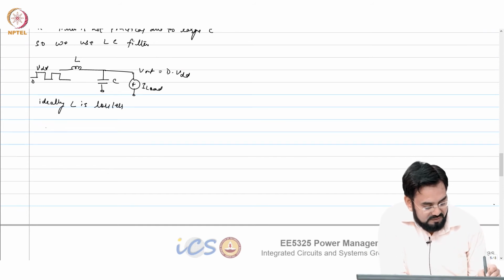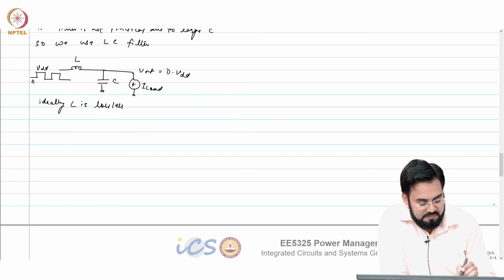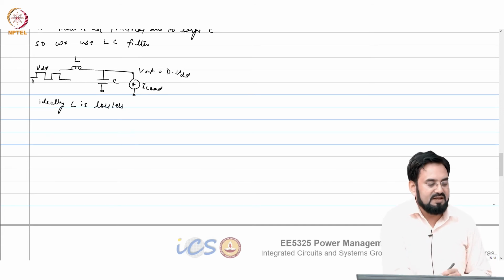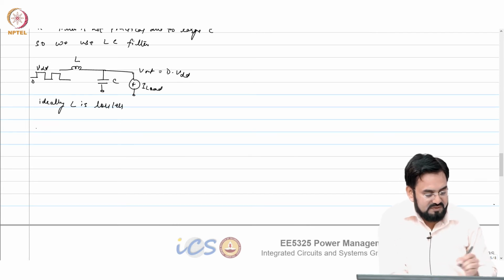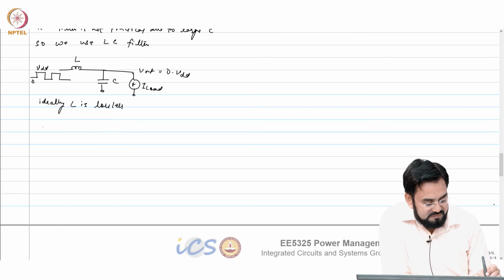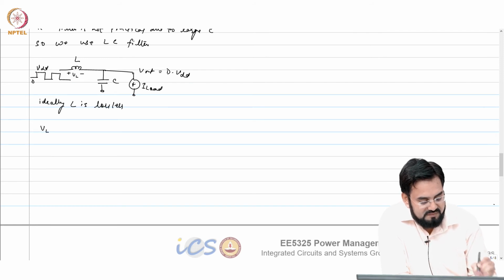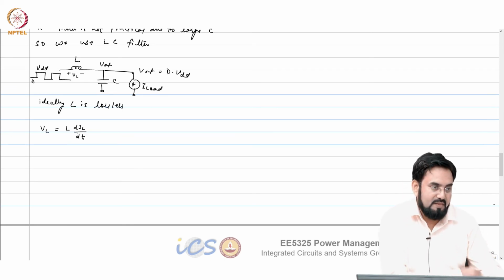So now let's see if I can derive this V out equals D times VDD. So let's go with this principle. If this is plus minus VL, this is V out, so VL equals L dIL by dt.